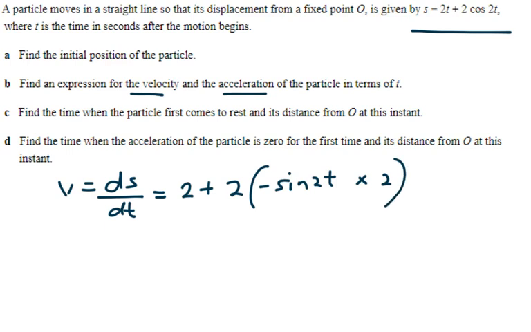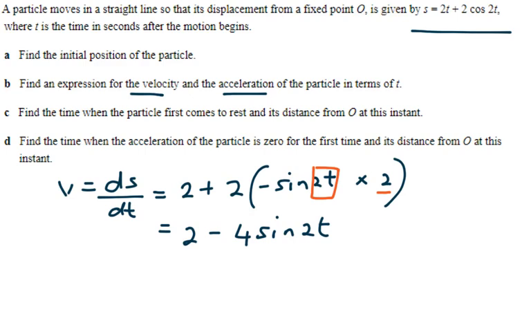This 2 refers to the derivative of 2t. Continue, you will be getting 2 minus 4 sine of 2t. That's the expression for velocity.